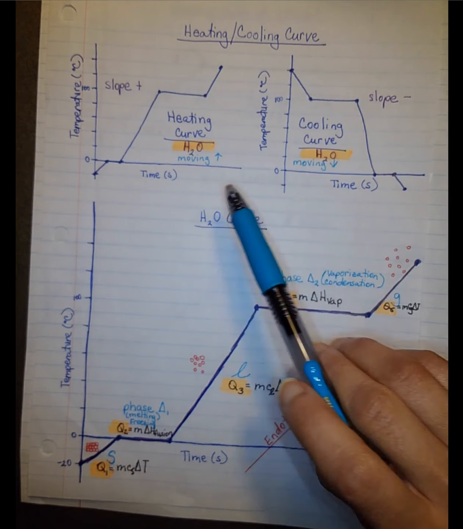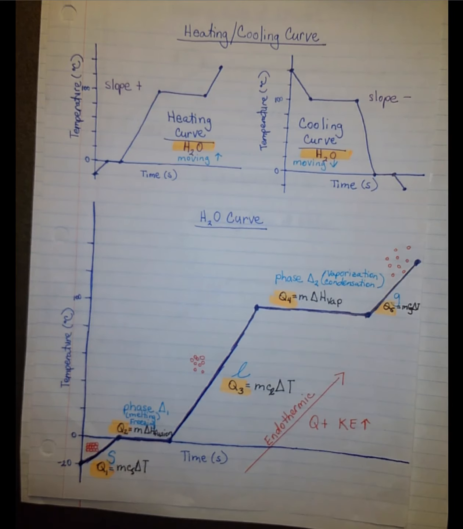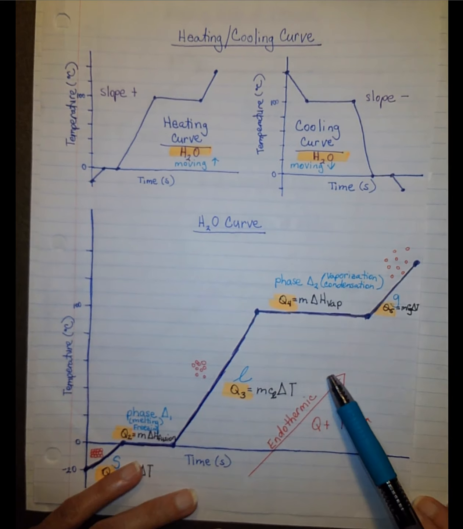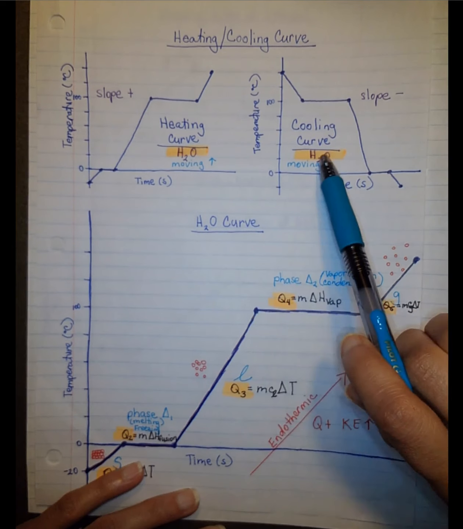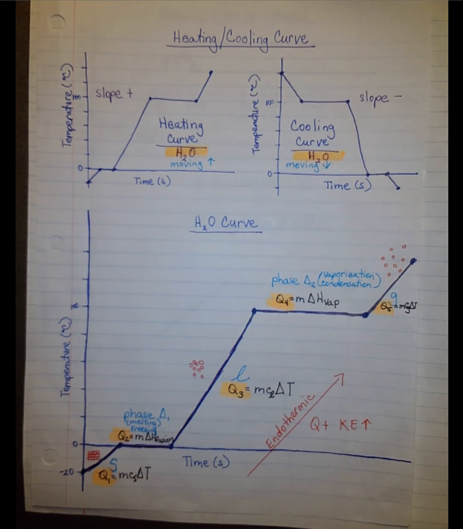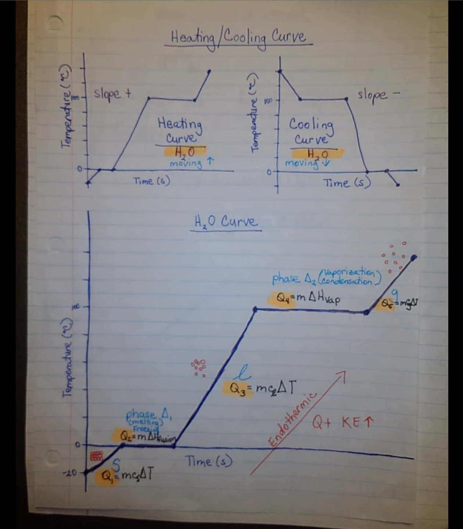Looking at these two curves side by side, notice how they are very similar to one another. And that is because both of them are talking about the exact same substance, which is, in this case, water. So you really don't need to have a heating curve and a cooling curve separately.